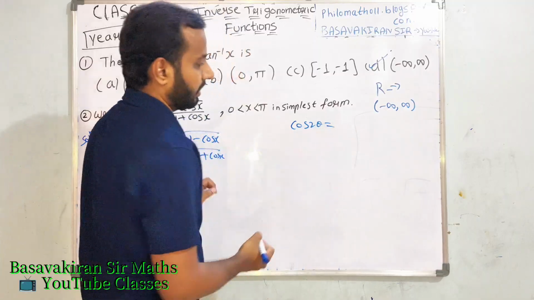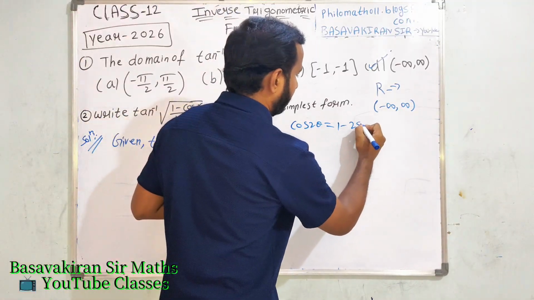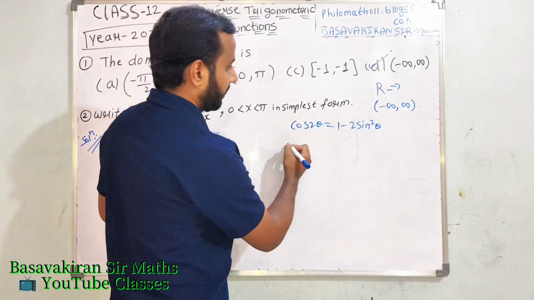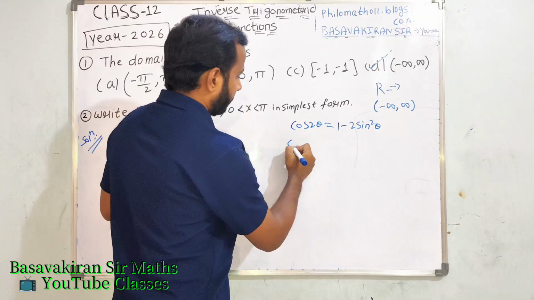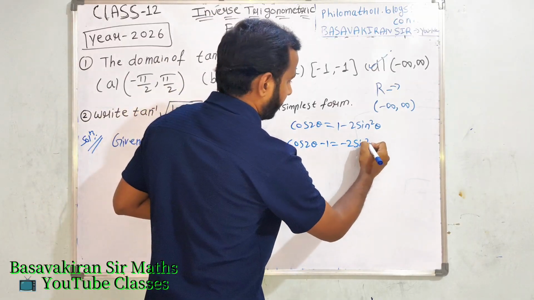cos 2 theta, what can we write? In terms of sin, cos 2 theta is 1 minus 2 sin square theta, right? Now cos 2 theta minus 1 equals minus 2 sin square theta.